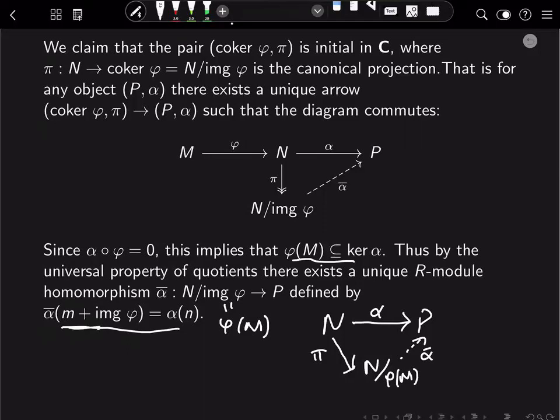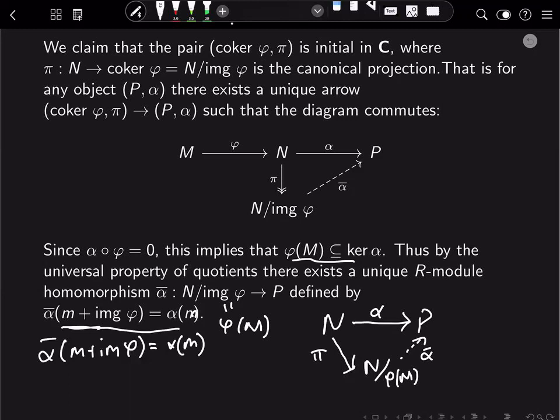This should actually be alpha of m, right? So alpha bar of m plus the image of phi is going to be equal to alpha of m. And we can indeed check, maybe in another video, that this universal property exists, that it's well defined, and that this morphism does indeed exist.